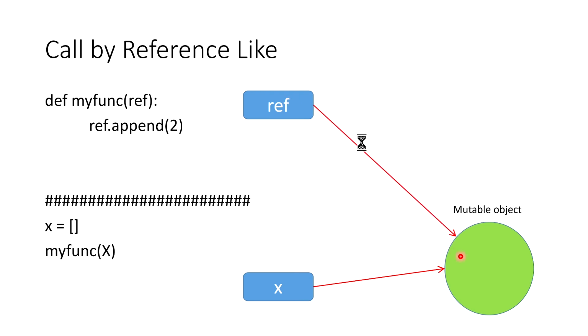Then when you change the value, you append to that list, and the list is added to the same exact identical object right here. Okay, that is how call by reference like in Python works.